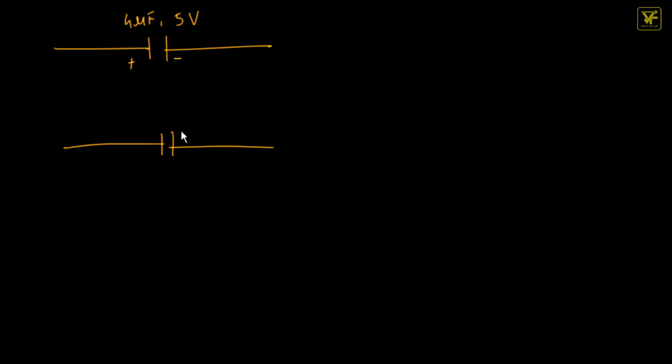This is positive and this is negative, and this capacitor is charged with say 6 volts, and the capacitance is 2 microfarads. These are completely arbitrary values I am taking, but this time this is negative and this is positive. Now they are connected to each other. So that means the positive plate is connected to the negative plate and vice versa.